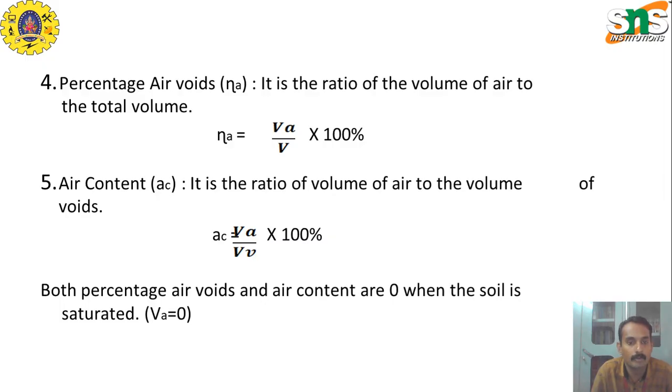Both percentage air voids and air content are zero when the soil is fully saturated, because in this case the pore spaces of soil are completely filled with water, whereas the air molecules are replaced by water molecules.